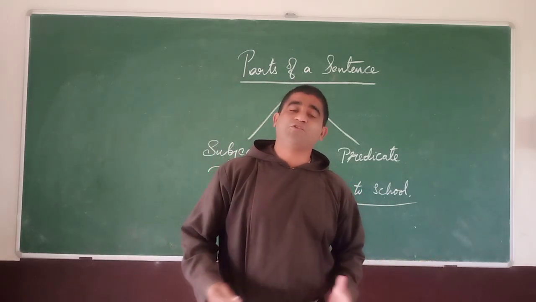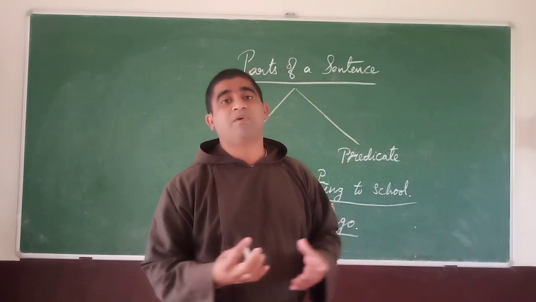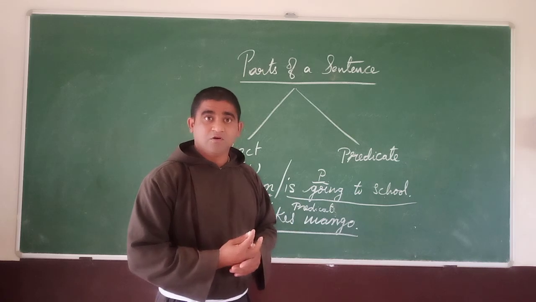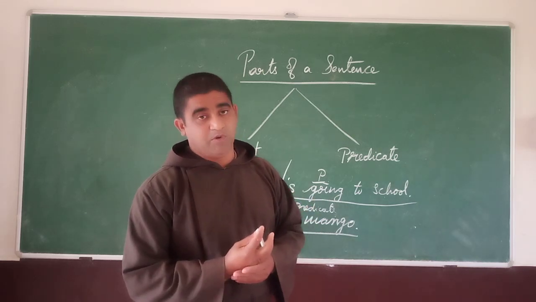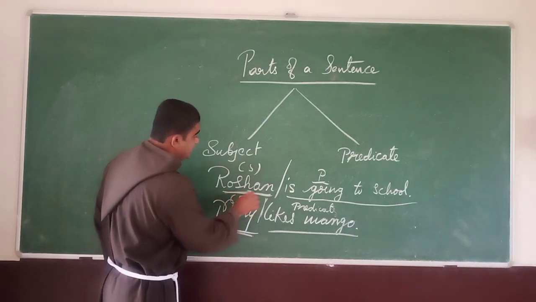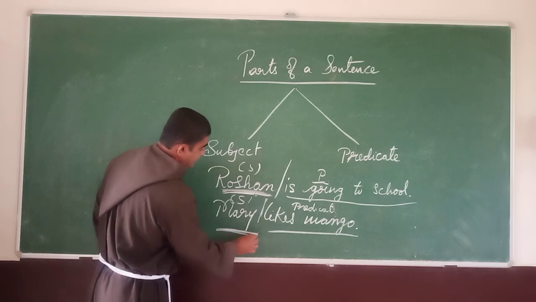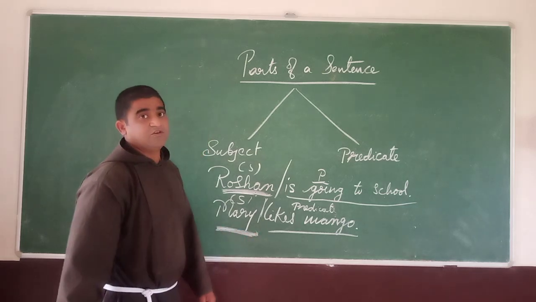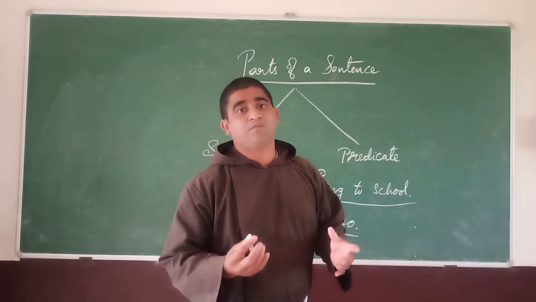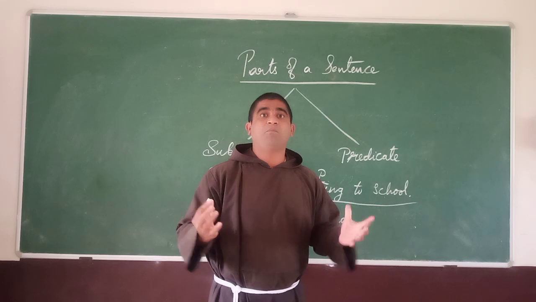Every time we talk or write, we have a person or a thing to talk or write about. Here, Roshan or Mary is a person. So, a person or a thing. Television is good for home, or mobile is a good gadget.